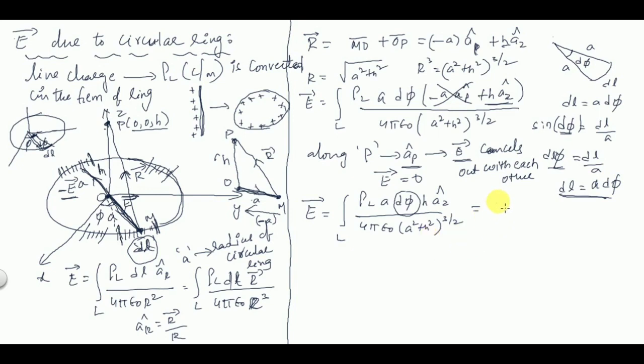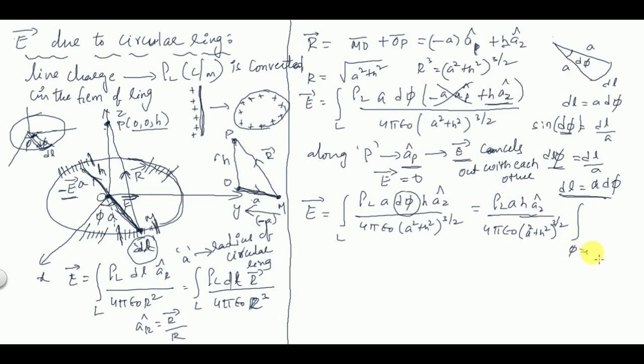So this integration will now be an integral. I'll write the constants first. rho L is a constant, you can write outside. A is a constant, H is a constant, a Z cap is also a constant, you can write outside, divided by 4 pi epsilon naught into A square plus H square whole to the power of 3 by 2, everything is constants.